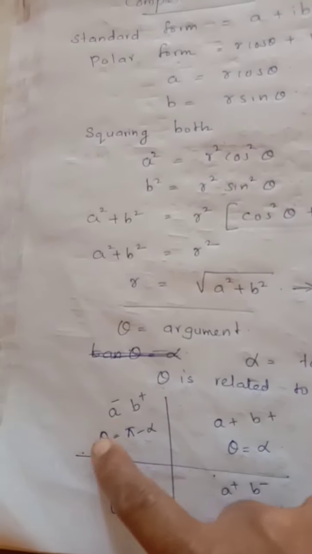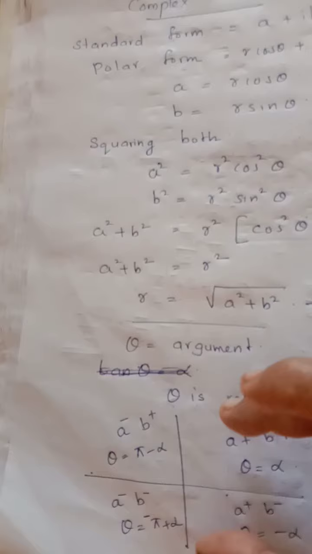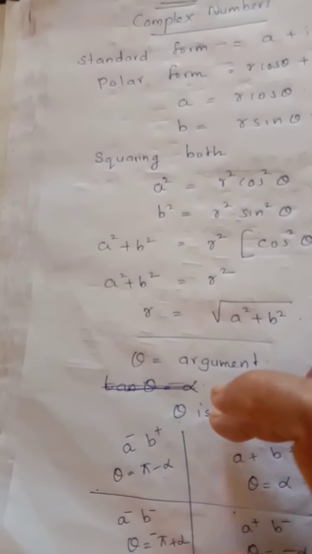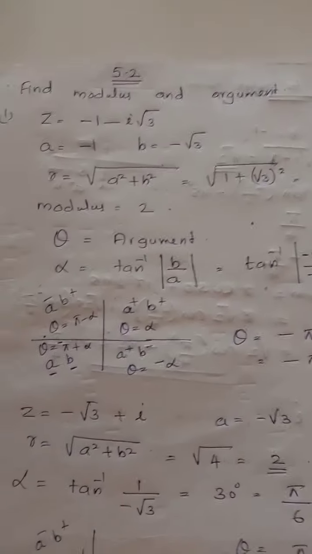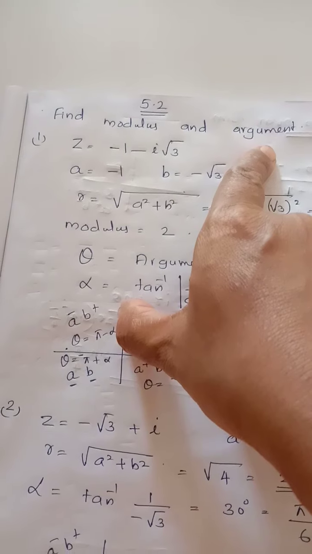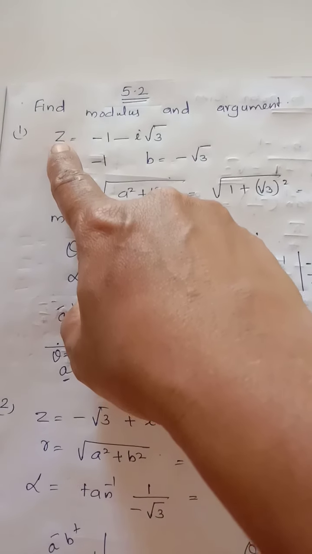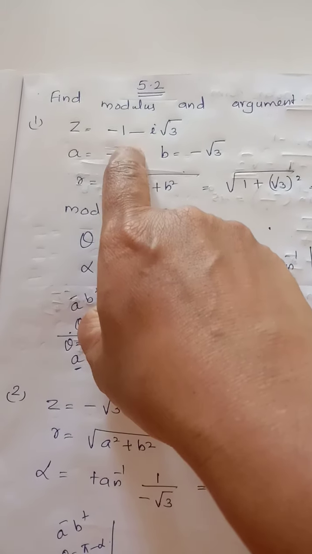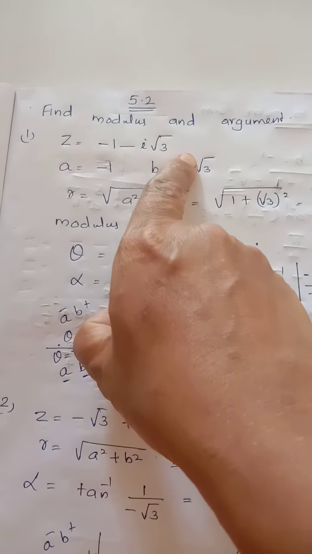Some teachers will explain in another way, but if you know this trick, it is easy to do the problems in exercise 5.2. Okay, let us start exercise 5.2, first question. Find modulus and argument. Your complex number is given, z is equal to minus 1 minus i root 3.